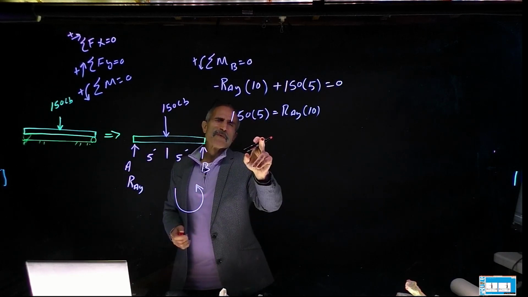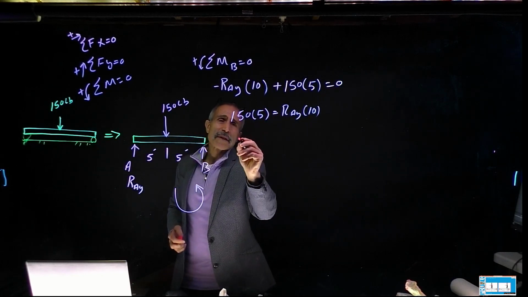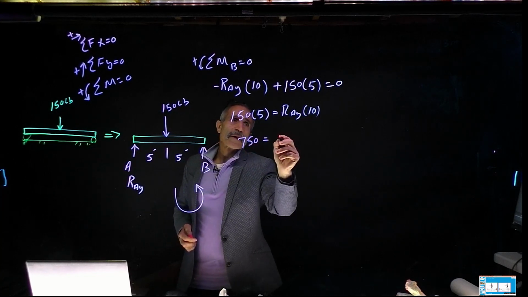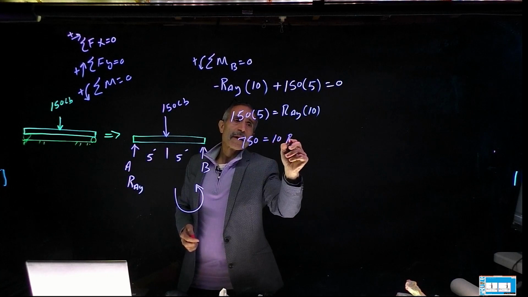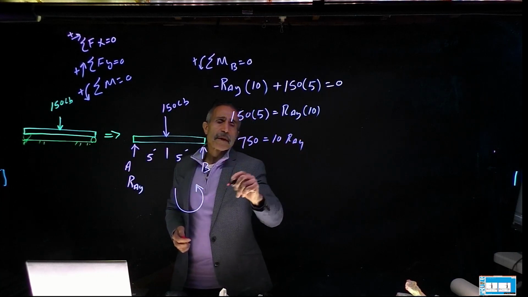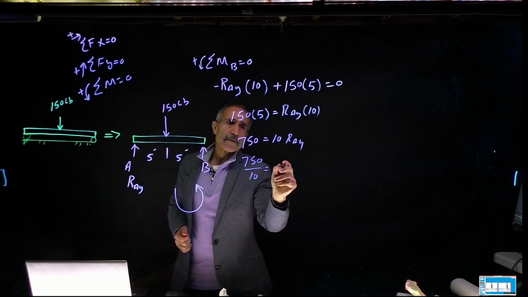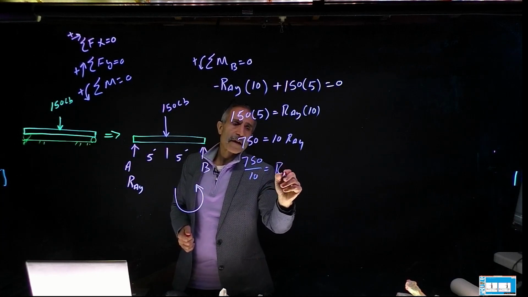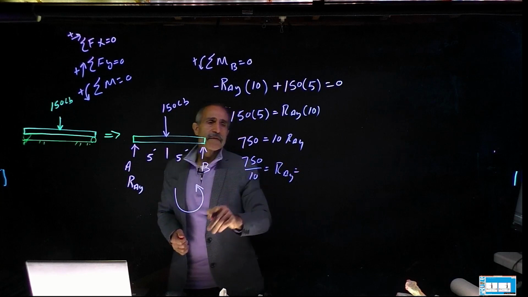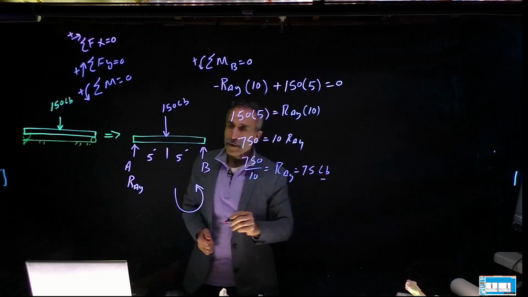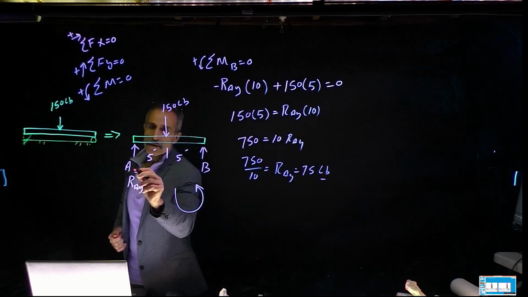That comes out to 750, and that's equal to 10 RAY. Divide both sides by 10. 750 divided by 10 is equal to RAY, and that comes out to 75 pounds. Okay, so now we know this has come out to 75 pounds.